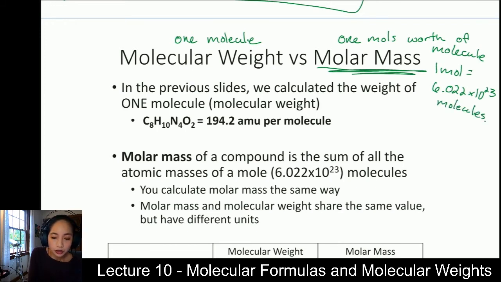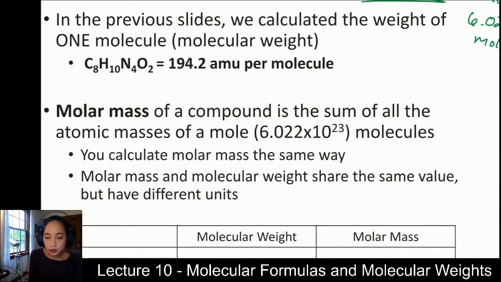In that previous slide, we got the weight of one caffeine molecule. We got that it was 194.2 AMU per molecule. Instead, what molar mass measures is the mass of the compound, all of the atomic masses, when you have a mole's worth of molecules.